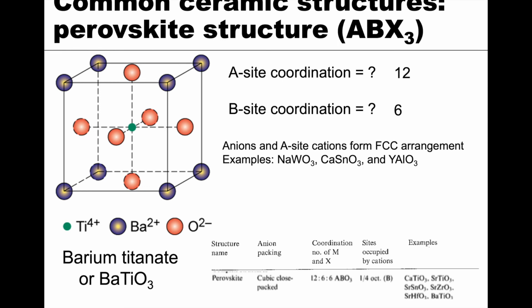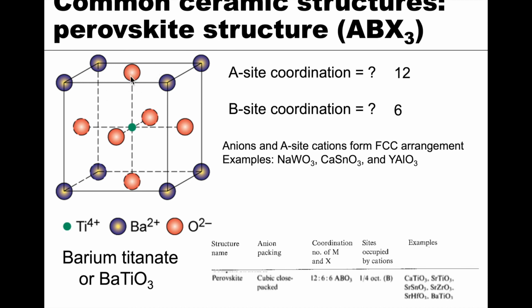So I bring this up because this is obviously a more complex structure. We have multiple cations, but one thing I wanted to draw your attention to is the size difference. Barium's quite large, titanium's quite small, and so barium and oxygen are quite similar in size. And so if you put those two together, barium and oxygen, you see that it forms the FCC close packed array that we're talking about, right?